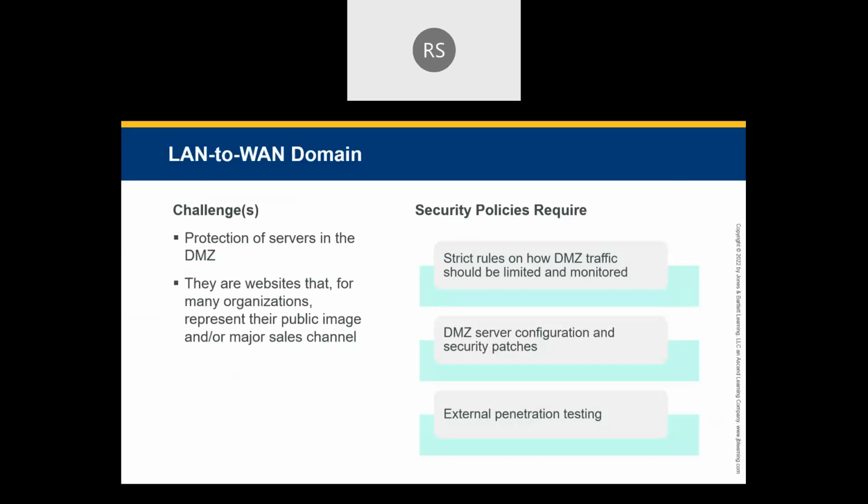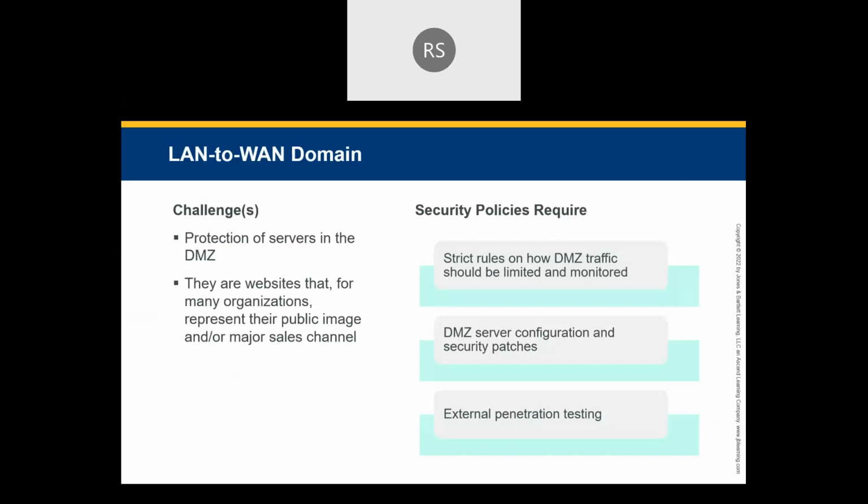Establishing strict rules on how DMZ traffic should be limited and monitored is essential. This involves defining protocols, ports, and services that are allowed to access the DMZ servers. By carefully controlling and monitoring inbound and outbound traffic, organizations can mitigate the risk of unauthorized access and potential attacks.